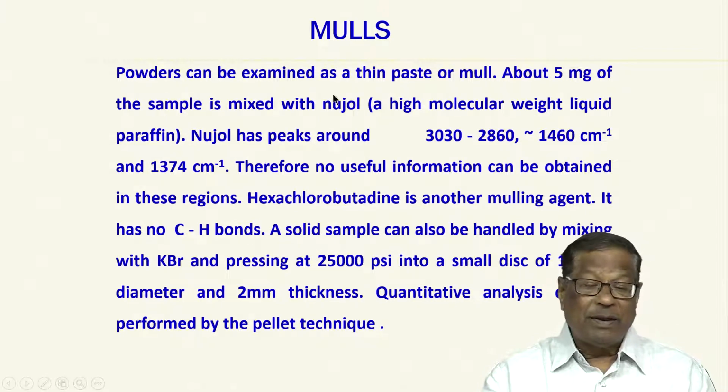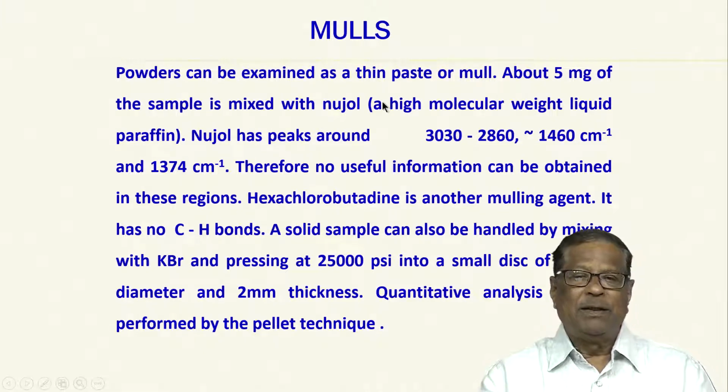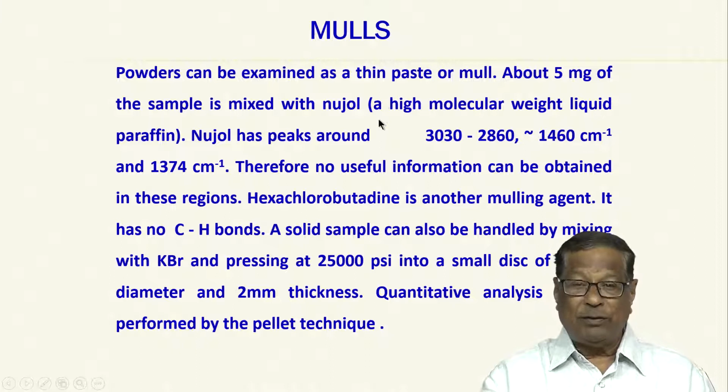Okay. So, the paraffin oil you can use is also known as Nujol. If you order Nujol, they will not ask you why you are ordering Nujol or what is Nujol. Almost every chemical dealer knows what is Nujol and what it is used for.